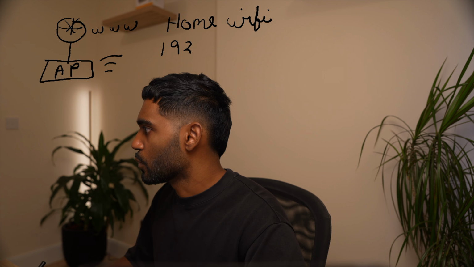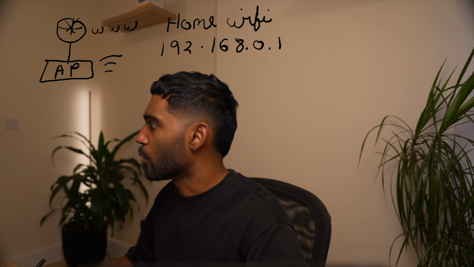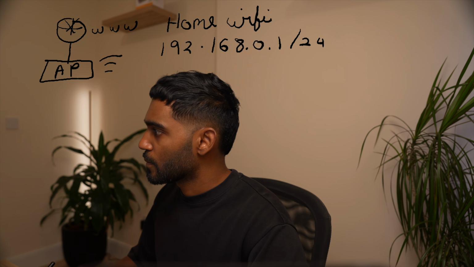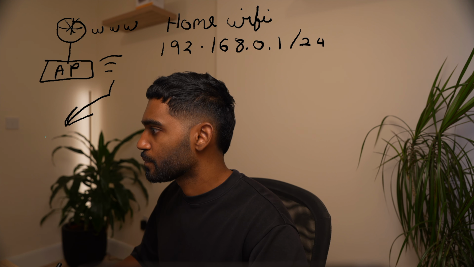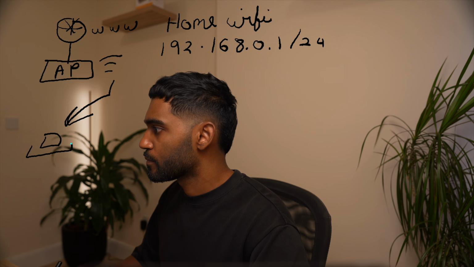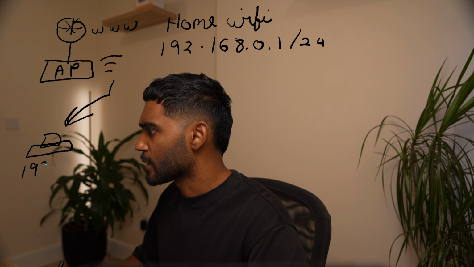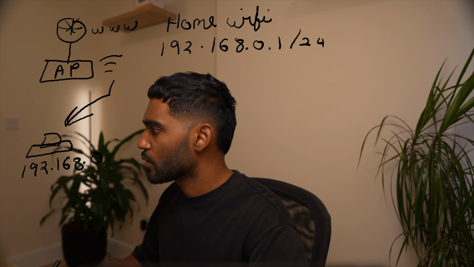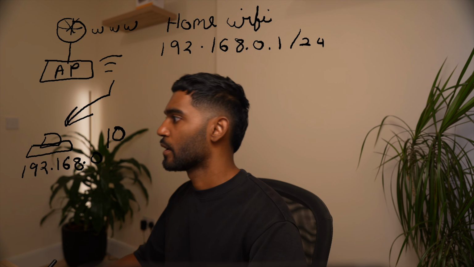Let's give this a network of 192.168.0.1 with a /24 mask. Now you have your main workstation connected to this network, and let's say it has an IP of 192.168.0.10. Okay, you can't see it down there.